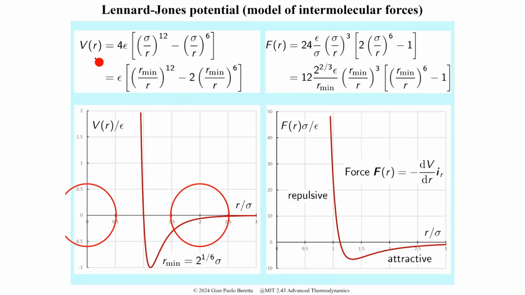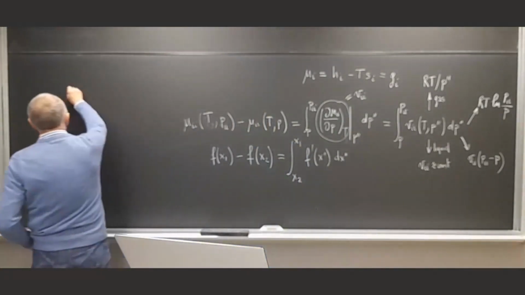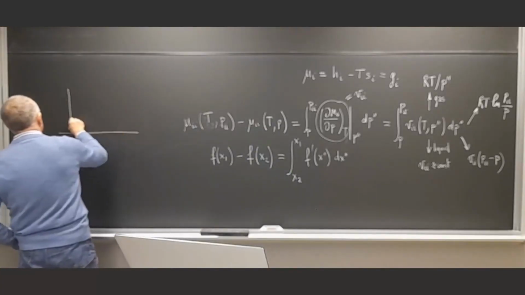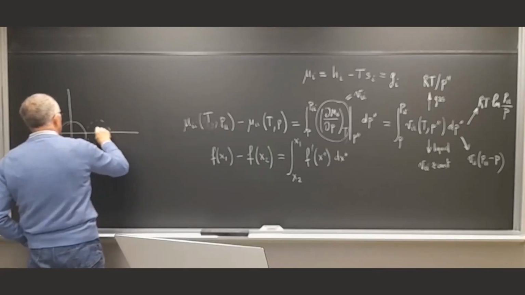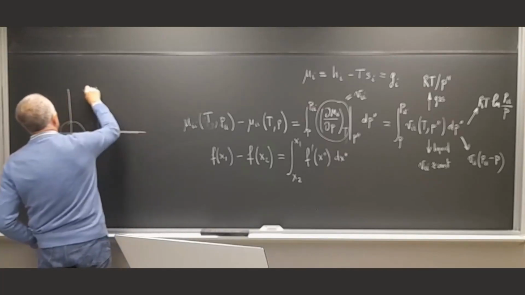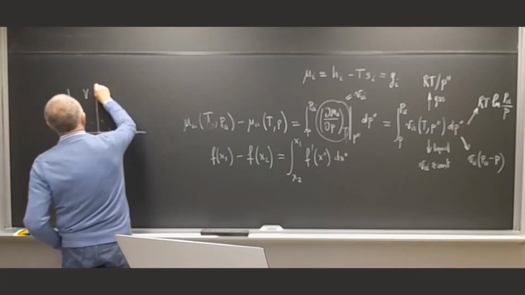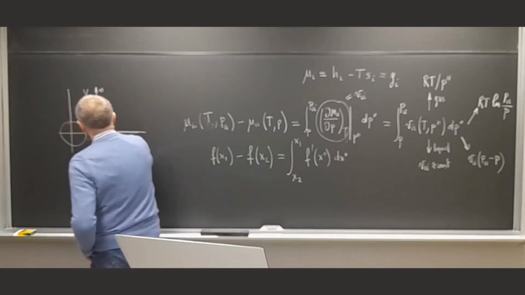An even simpler model of this would be the so-called hard sphere model, in which the potential would be like this. V is a function which goes to infinity at this point, which is 1.